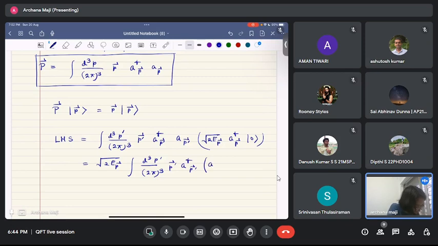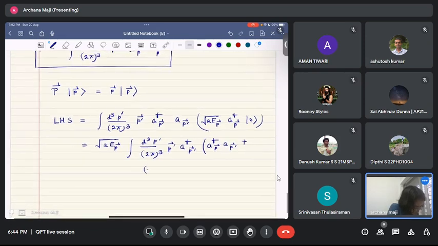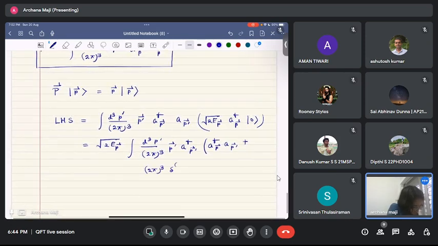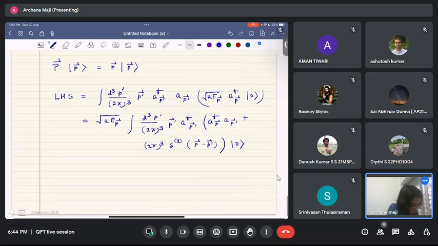A dagger is again A dagger A plus 2 pi cube delta 3 P minus P prime acting on the vacuum. So this term will give you 0 because here A is acting on ground state.